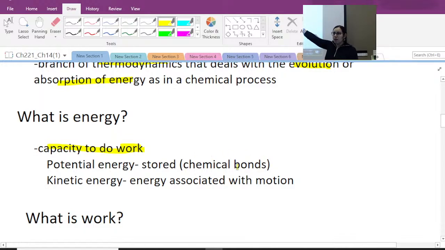Of course, you have gravitational potential energy as well, but we won't talk about that too much in this class. And then, of course, we have kinetic energy. We can think about this as energy associated with motion, but we'll also relate it to molecules and temperature, right? So increasing temperature, increasing kinetic energy.